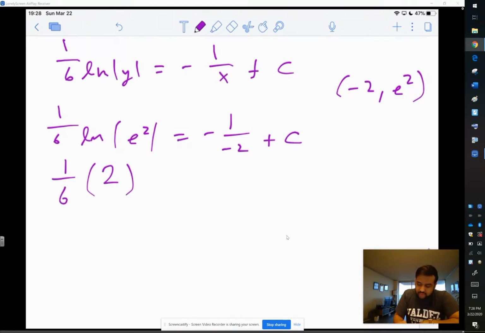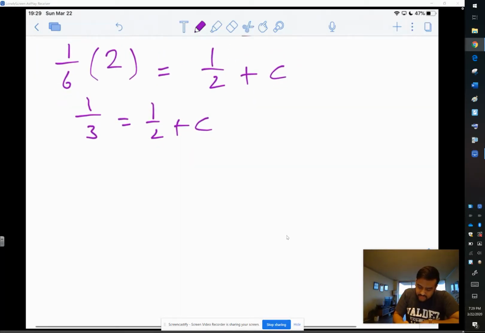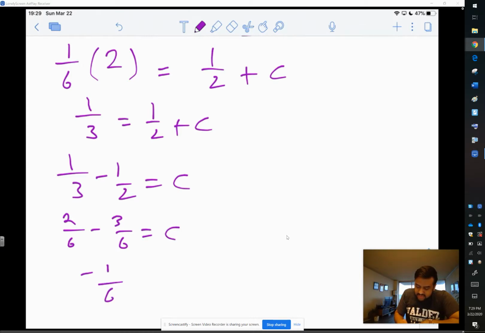You can check that with a calculator. This is 1/2. This is 1/3, 2/6. And solving for c would be 1/3 minus 1/2. So 1/3 is 2/6 minus 1/2 is 3/6. So negative 1/6 is c.